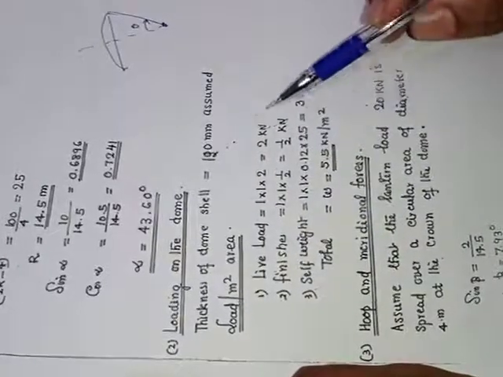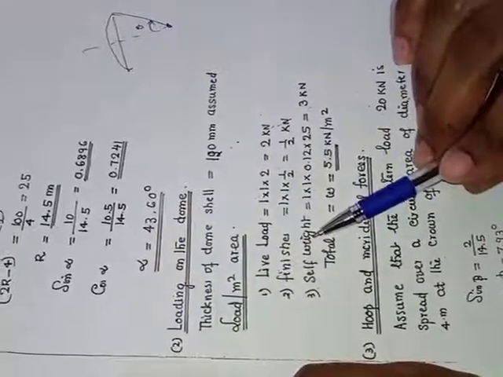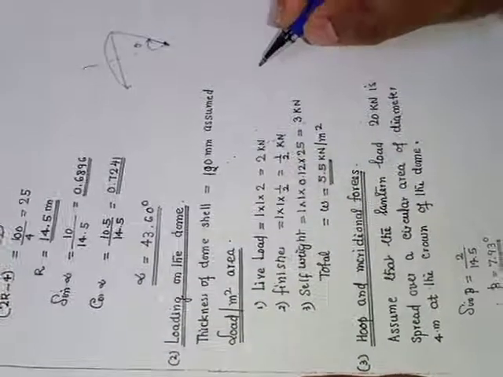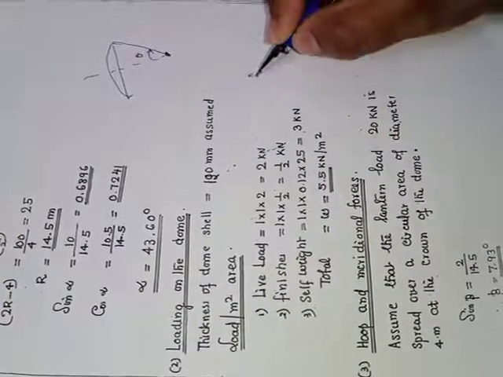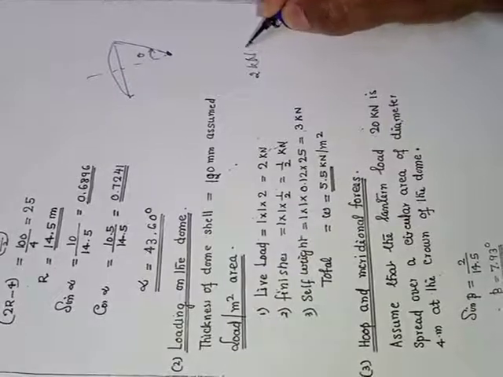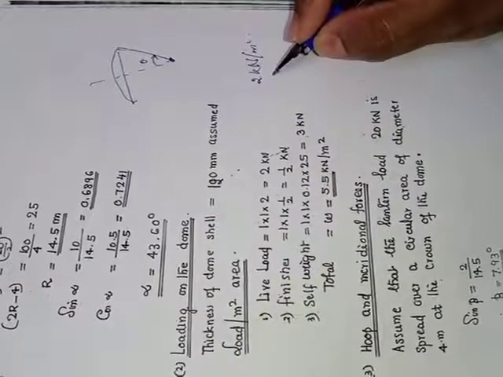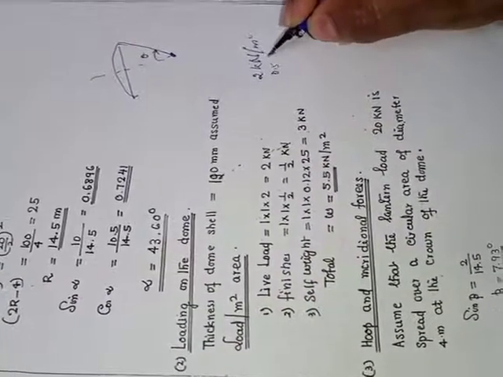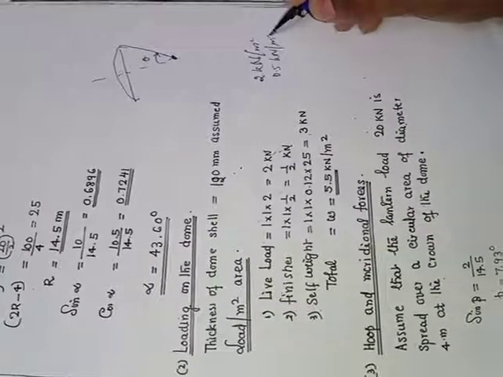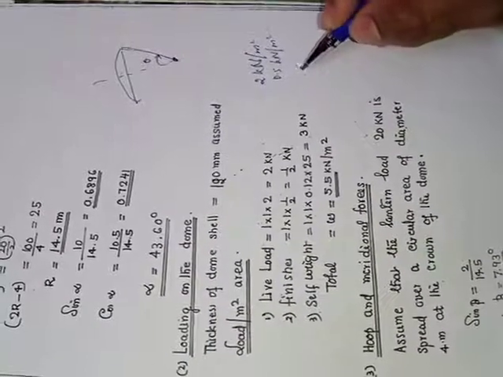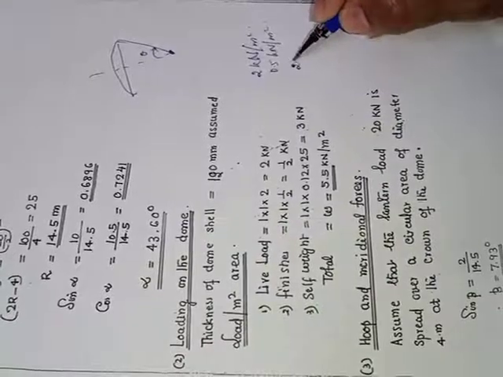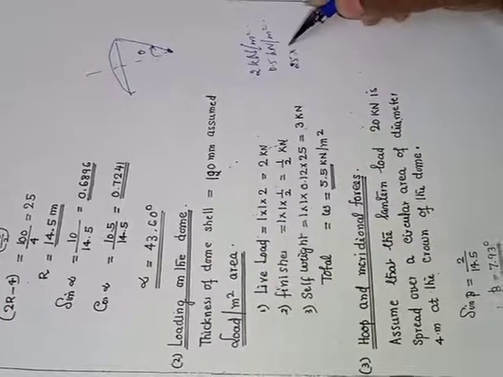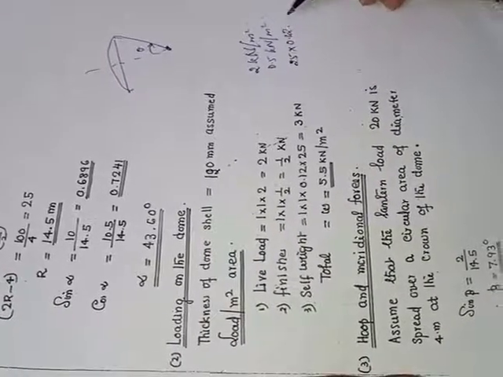So we will find out what is the corresponding units. That is, live load is given as 2 kilonewton per meter square, and finishes is 0.5 kilonewton per meter square, and self weight is unit weight of concrete, 25, into the thickness, that is 0.12.